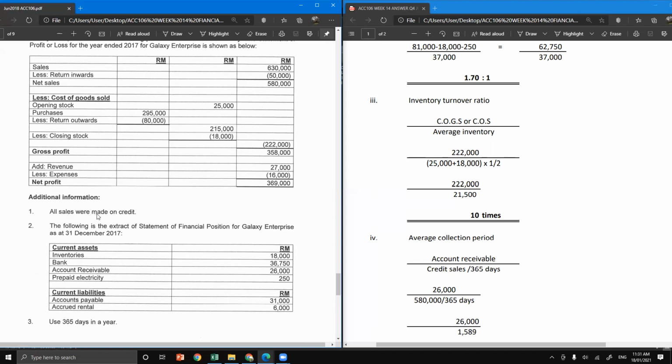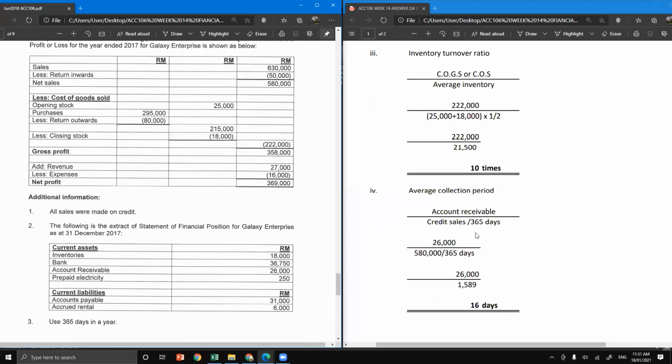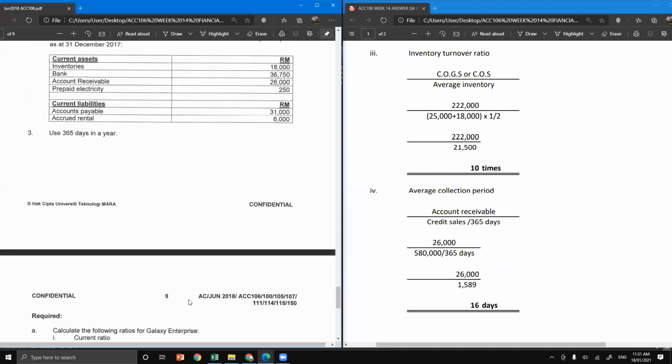All sales were made on credit. Dividing the credit sales by 365 days gives you 1,589. So accounts receivable of 26,000 ringgit divided by 1,589 is equal to 16 days.